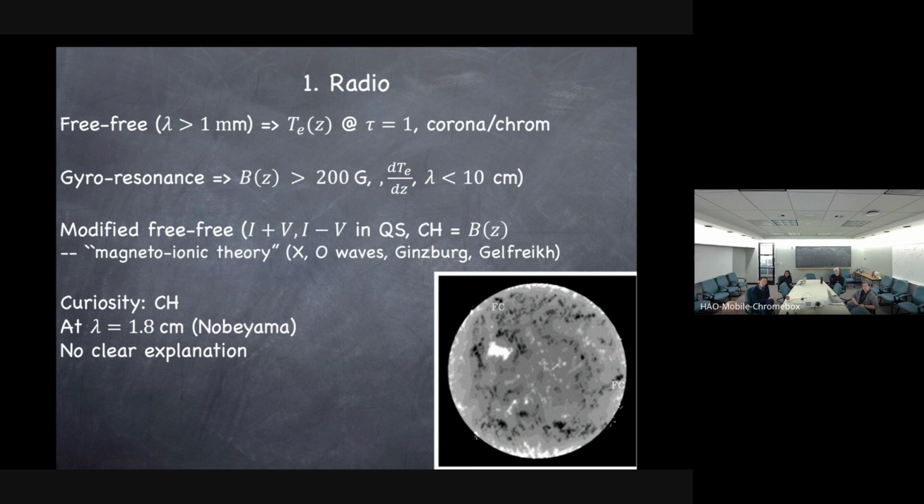So what I'm saying is there's two mechanisms in the radio that I'm aware of, and here I'm specifically assuming thermal electrons. In flares, the game's over. If you've got non-thermal particles, you've got all kinds of wonderful stuff that can happen. You can see why, right? I mean, accelerated electrons radiate. Okay, but this can even be extended down into the quiet sun, with what is called magneto-ionic theory.